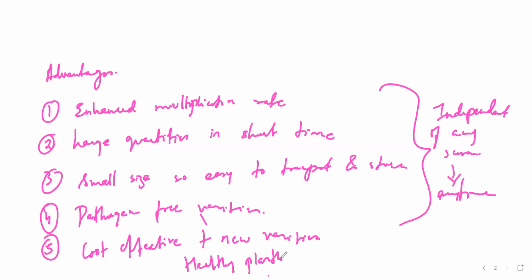So this is all about micropropagation. But if it has this many advantages, there are some disadvantages also. Sometimes it's not necessary that you can take all plants for micropropagation. Only some plants you can take for the procedure.